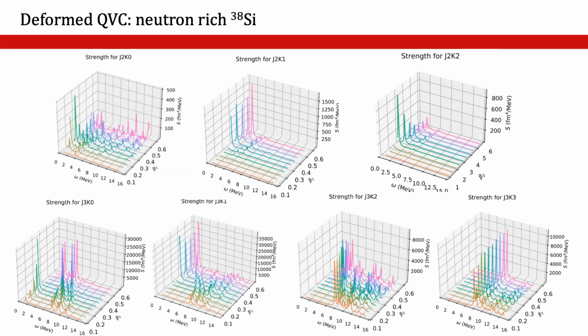In this figure, I hid something. Clearly at very low omega, when the omega is very small, we can see some very strong transitions. Some of these transitions are physical states, and some are spurious states.